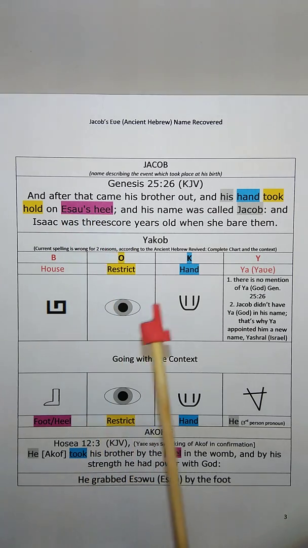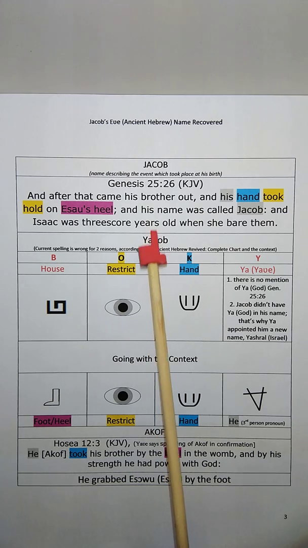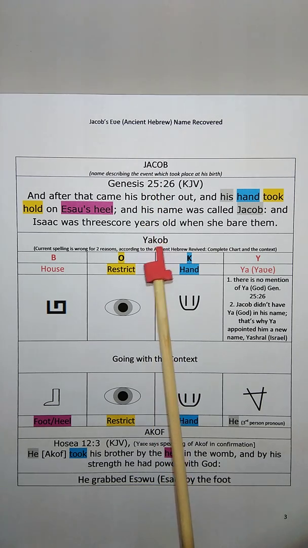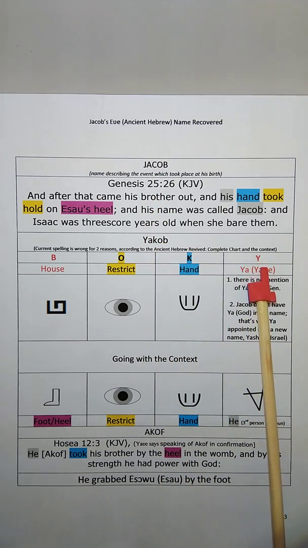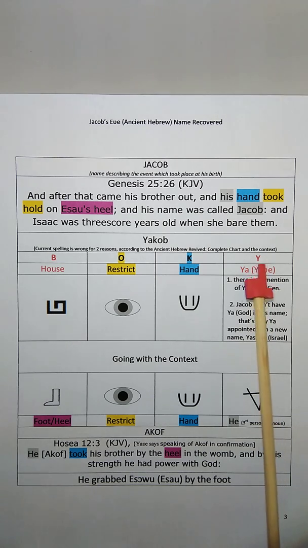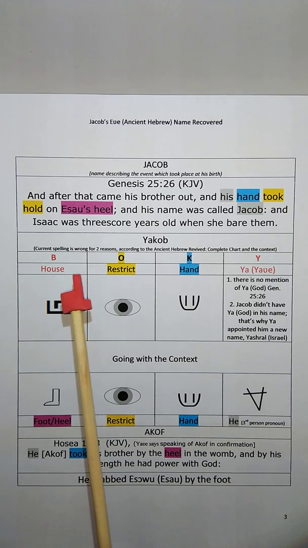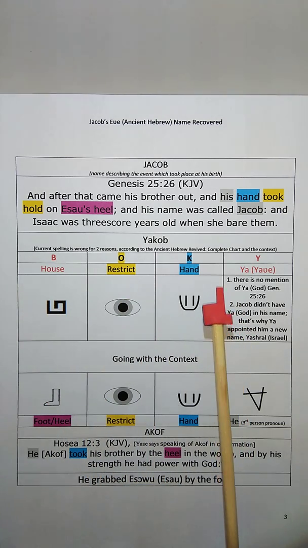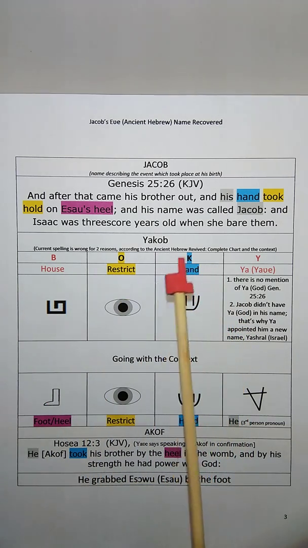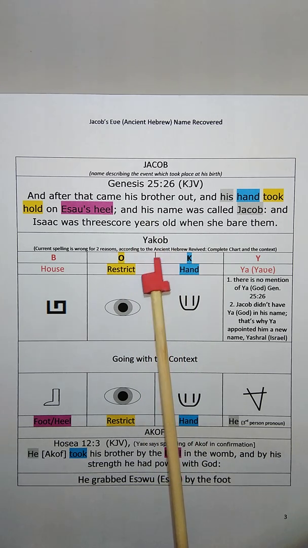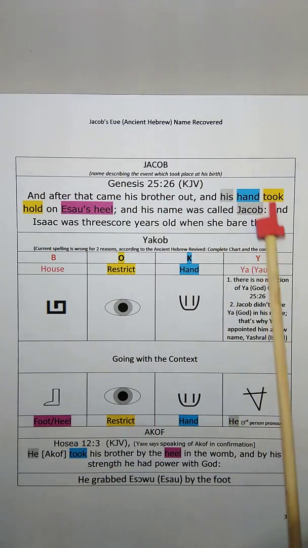Okay, now in Jacob, the root consonants or the syllables are the ya, the ka, the o, and the b. Now, if we go with this spelling of Jacob, the current spelling of Jacob, there are two things wrong with it according to the context.